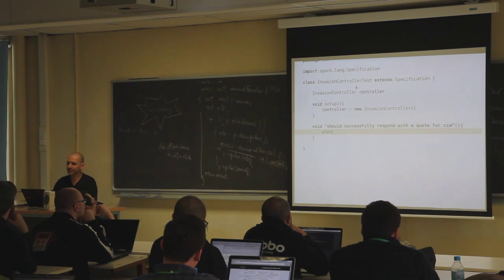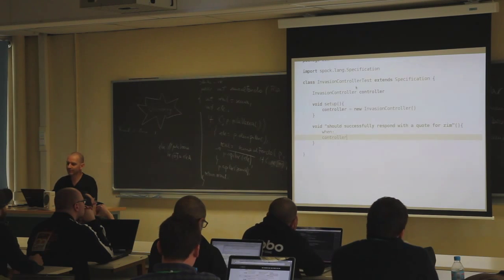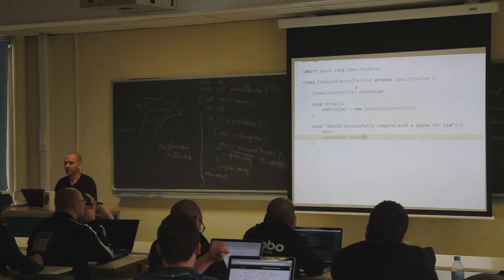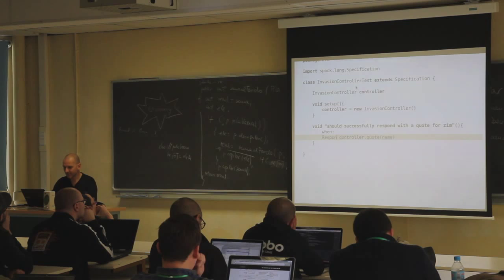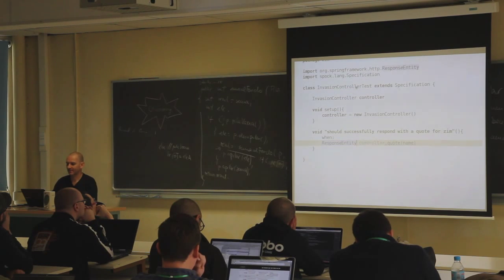Good. So on the controller, we want to call a method called quote. We write the code that we wish we had, which we don't have yet, and we want to pass in a name. In response to that, we want to get a response entity of type quote, and we want to pass in a big integer.